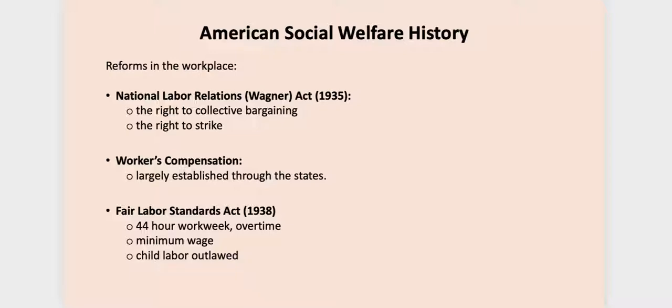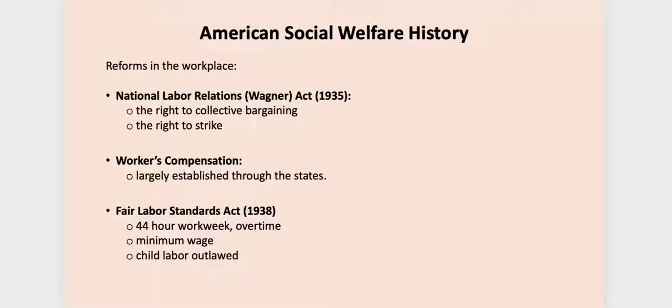The minimum wage and the FLSA, by the way, continue to be enforced. Of course, so does the right to strike. When individuals feel as though they're being required to work without pay, or not given adequate pay, they can sue their employer under the FLSA.